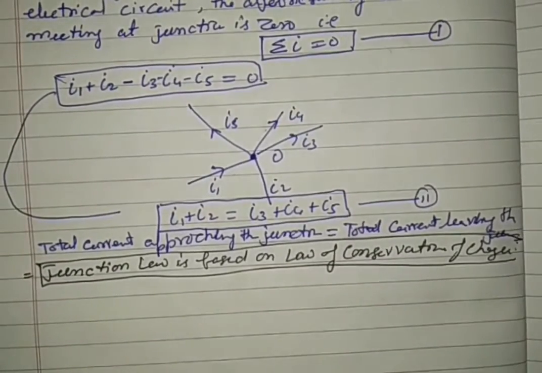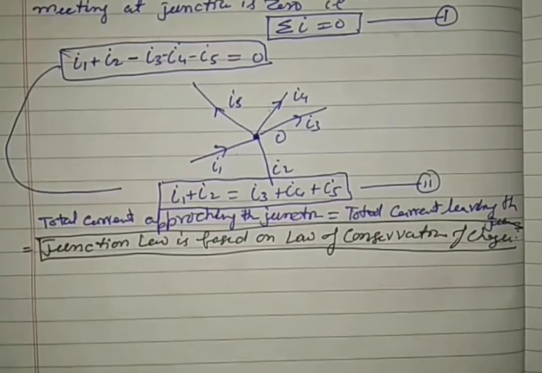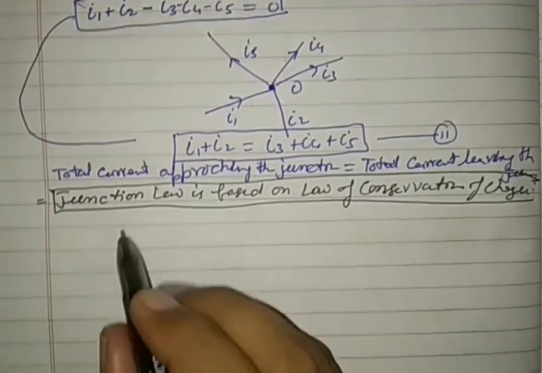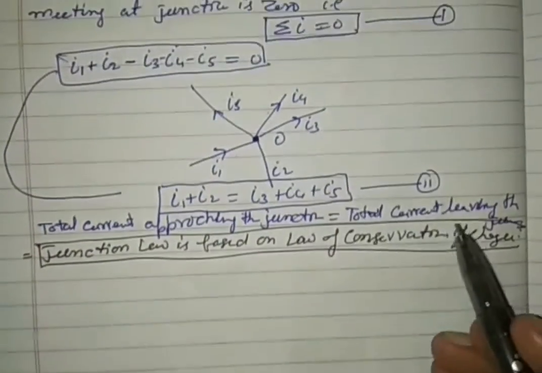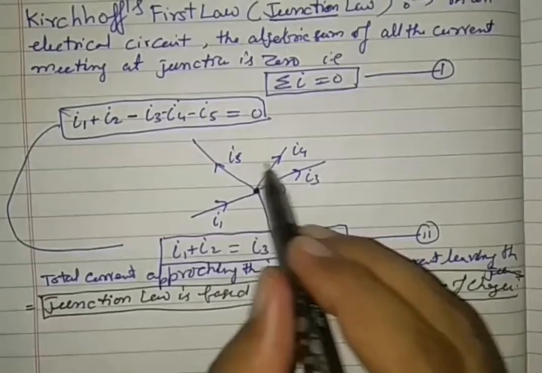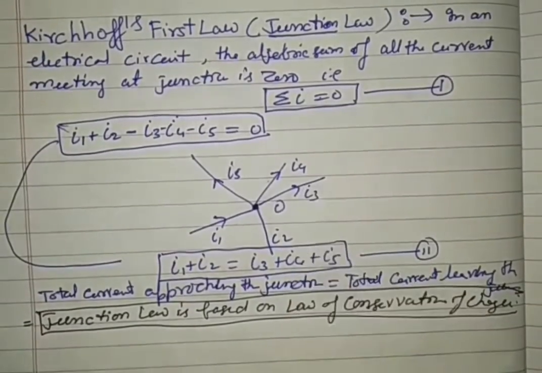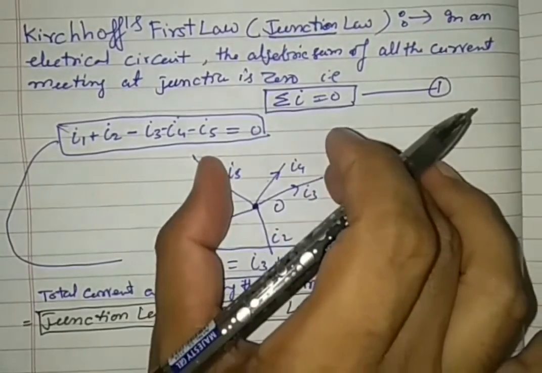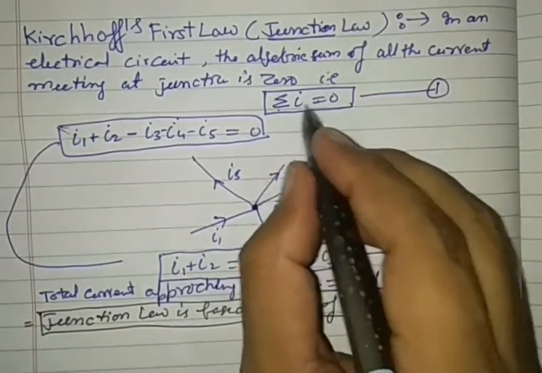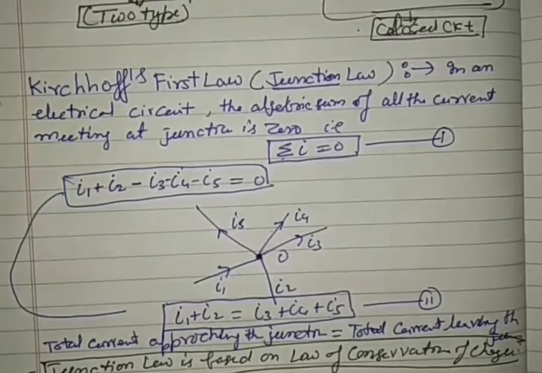So this first law speaks that the total charge approaching the junction at O is equal to total charge leaving the junction at O, or total current approaching the junction is equal to total current leaving, or summation of all current is equal to 0.